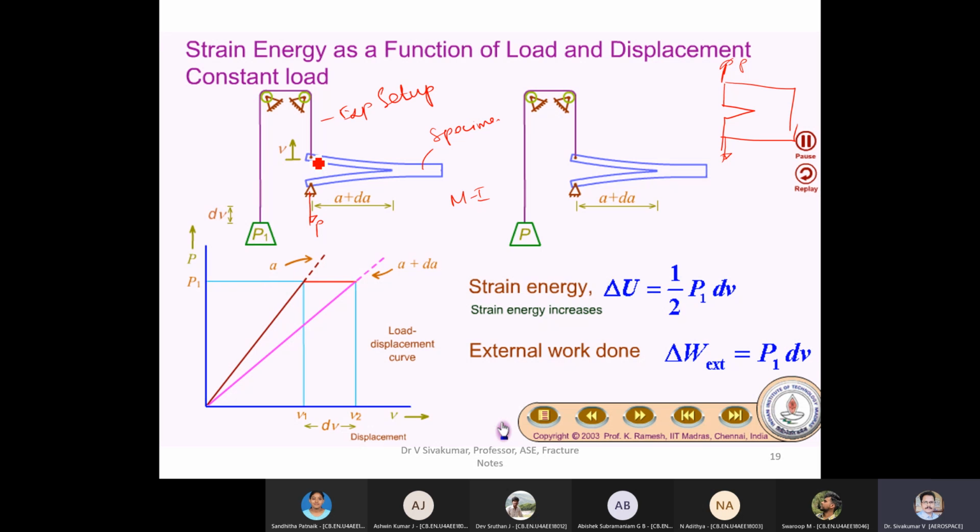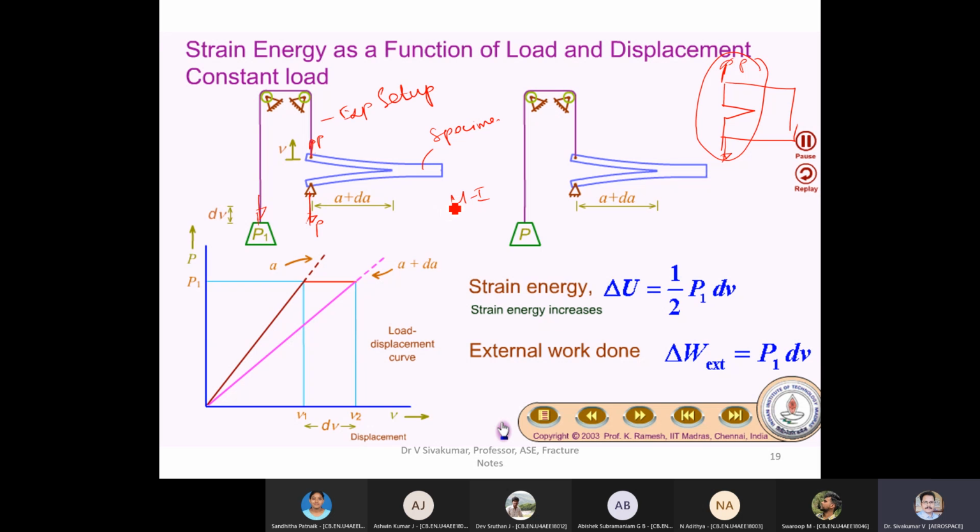Here it is connected and a pulley is here. Once you apply load here, automatically you get the pull here. That load is transferred here, so you get an equivalent load here. It is as good as the model here. So this is the specimen.